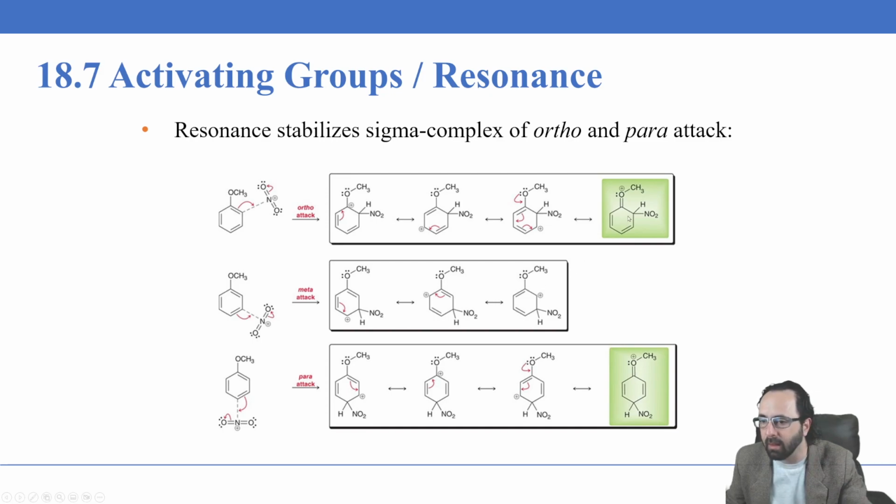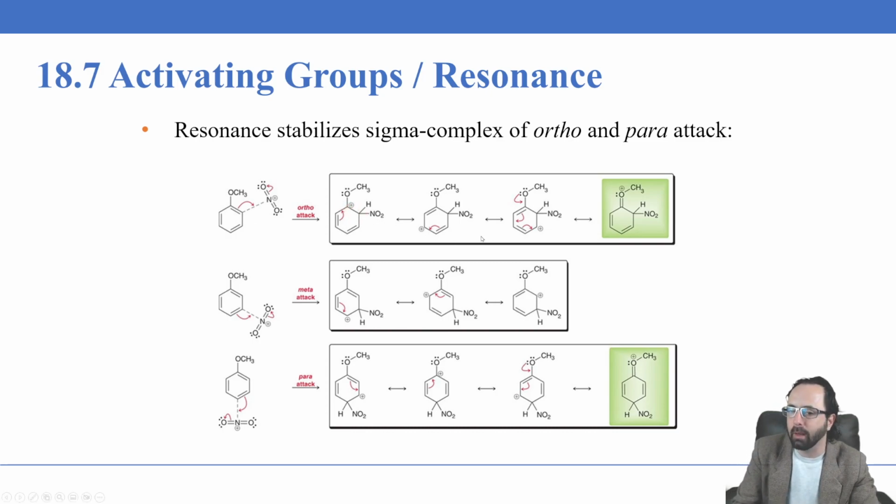And we can see that this is resonantly stabilized throughout this whole area, whereas if we have a meta attack, we don't have that same resonance stabilization. Here we have an allylic carbocation, and that leaves this one as an allylic carbocation, but the carbocation never lies at this position here.